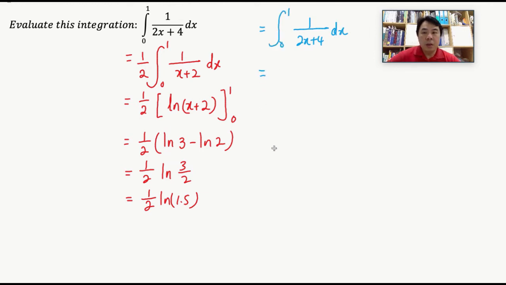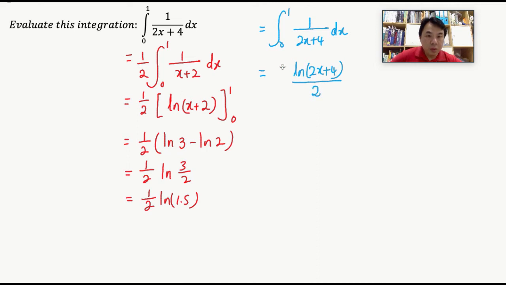And then by using one of the integration identities for rational functions, we can write that as ln of 2x plus 4, and then we have to divide by the coefficient of the x here.